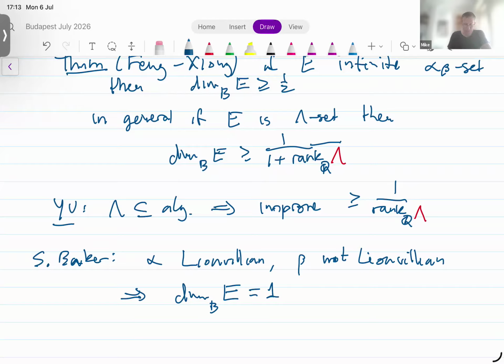Both of these results point to the fact that you can improve this in some cases. I think there are also results for generic alpha and beta. I don't remember who by. I apologize if they're sitting in the room. The point is, I think it was believed or hoped that maybe it's always the case that the dimension is 1.